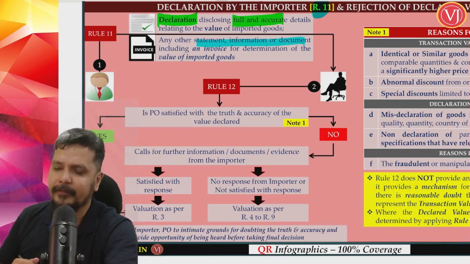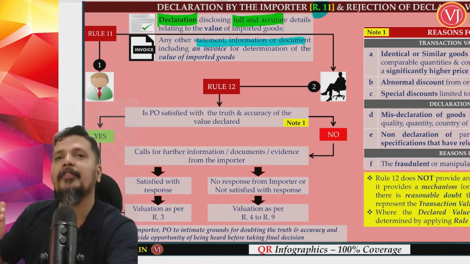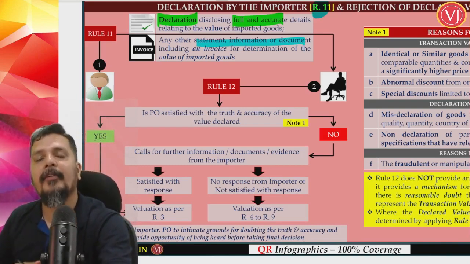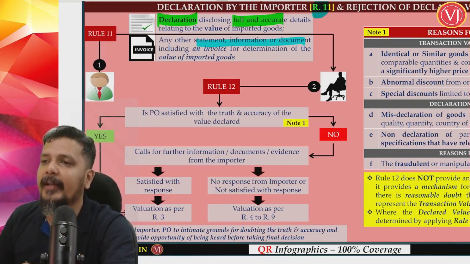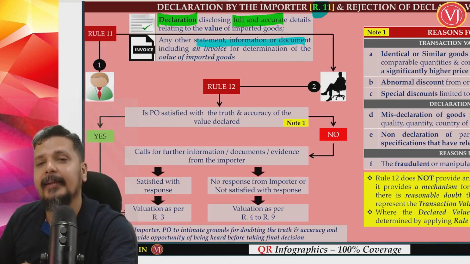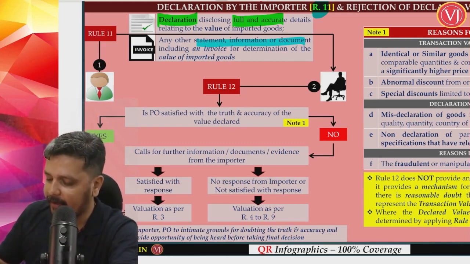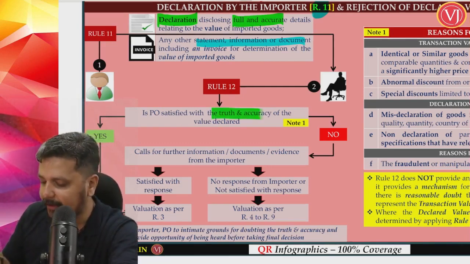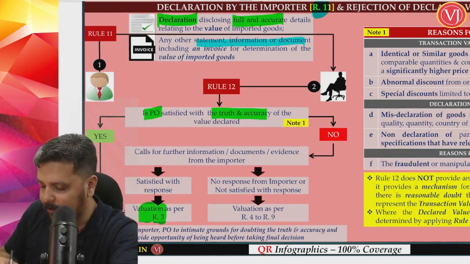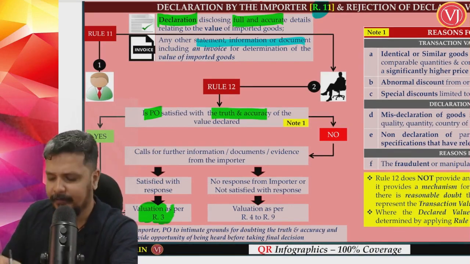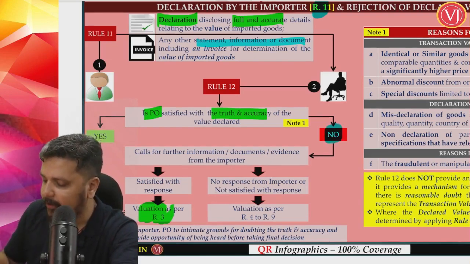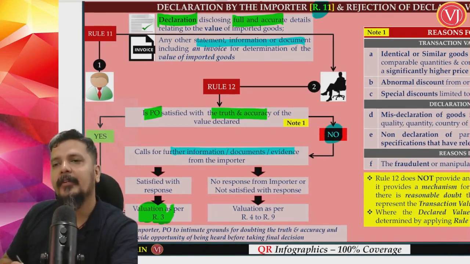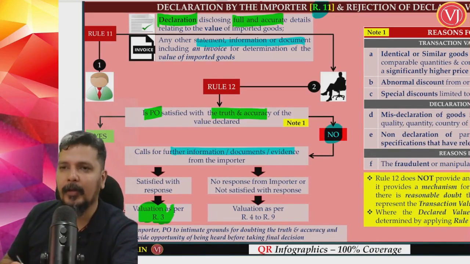Then what is rule 12? Rule 12 is a rule which will give the powers to the proper officer to reject the value under rule 3 and to start 4, 5, 7, 8, 9. Now, if the proper officer is satisfied with the truth and accuracy of the value, valuation will be as per rule 3. But if the proper officer is not satisfied with the truth and accuracy of the value, then he'll call for information, documents or evidence from the importer.